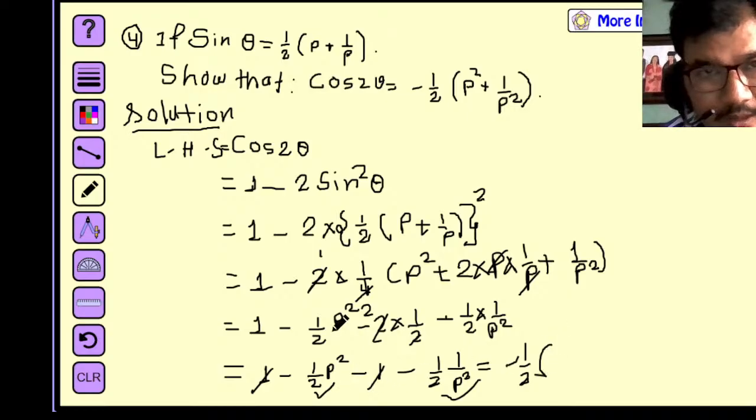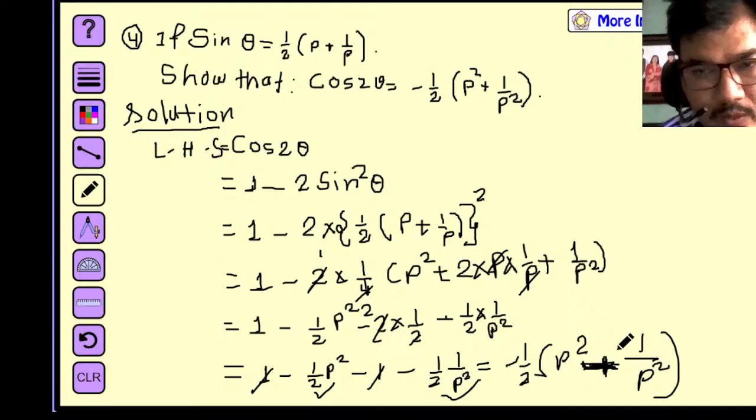Then p square will remain, and from this, with the minus taken common, here will remain plus 1 by p square. So p square plus 1 by p square is remaining inside the bracket. This is our RHS to prove.